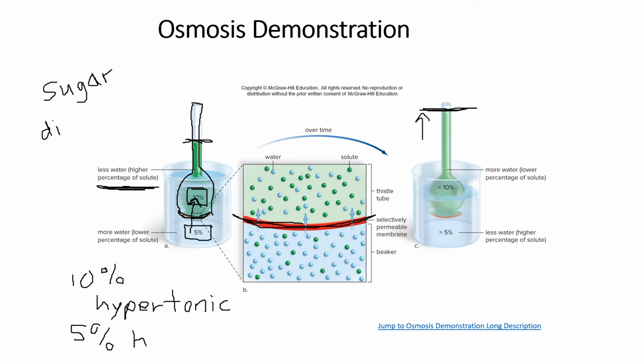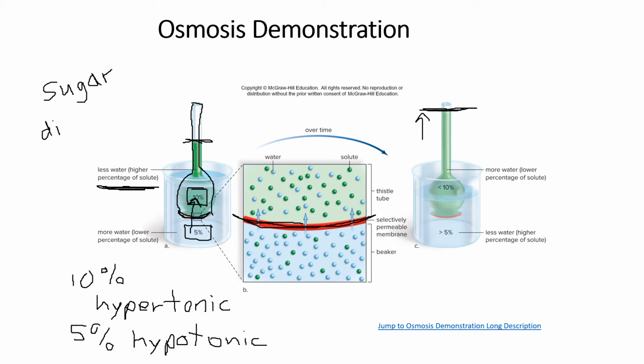Our 5% solution is hypotonic. And if you think hypotonic, if you think of a hypodermic needle, those go under your skin. And so hypotonic is under or less or lower than the hypertonic side.